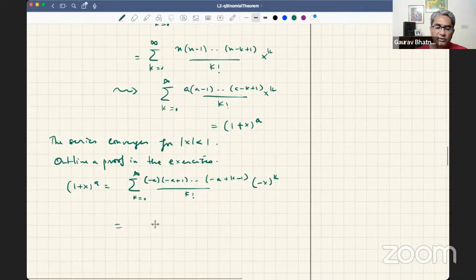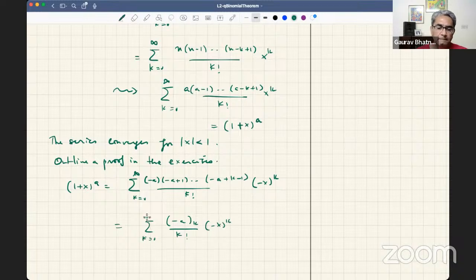So usually one would write it like this: minus a sub k over k factorial, times minus x raised to the k. You can remember it best in this form, but you can write it in terms of rising factorials. So what we want is a q analog of this.